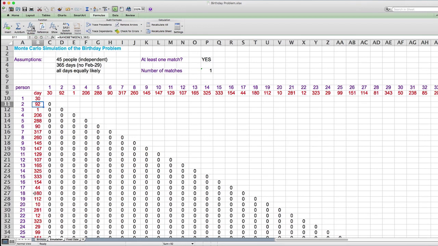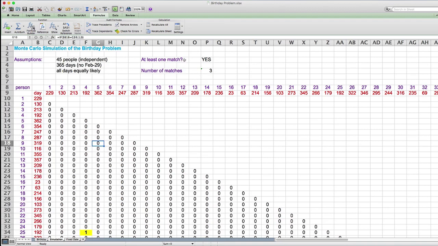Then I look at all pairs. So here I compare person 2 to person 1. I compare person 3 to person 1 and 2. Here I compare person 10 to the first 9. If I see a match, between person 8 and 5 for example, as I indicate here, then I get a 1. Otherwise, the spreadsheet shows me a 0.